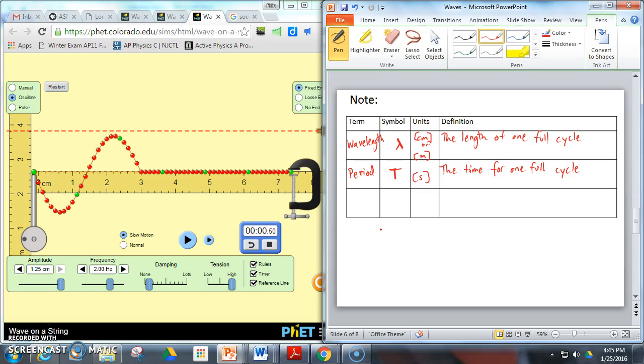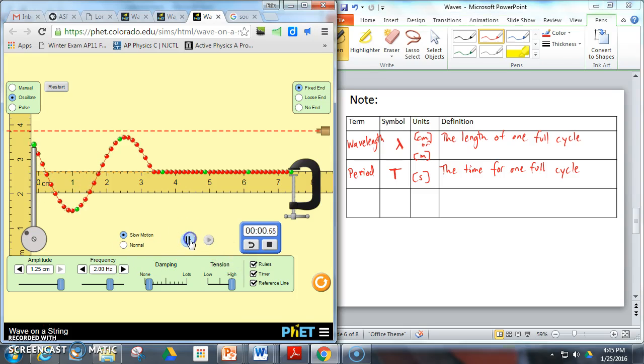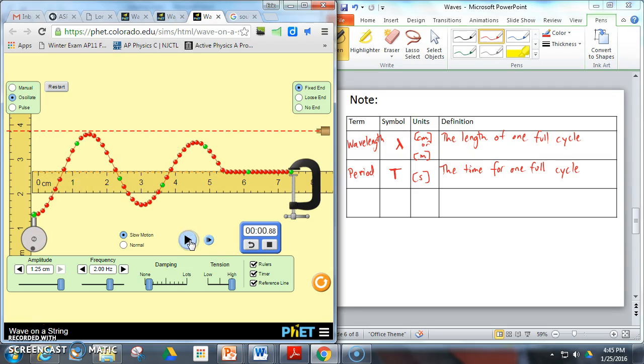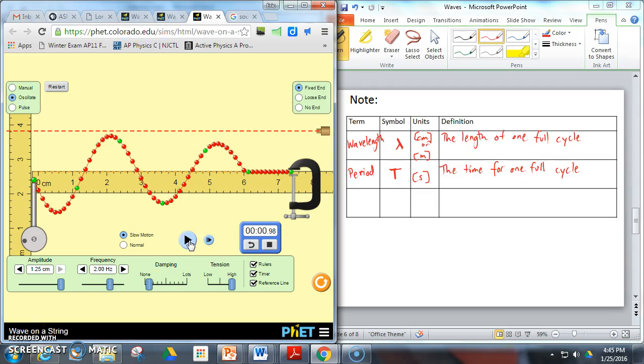So there's one more definition. Right now it's about 0.5 seconds. Let's keep playing this. So waves moving along, still going. Okay. We're going to get to 1 second.